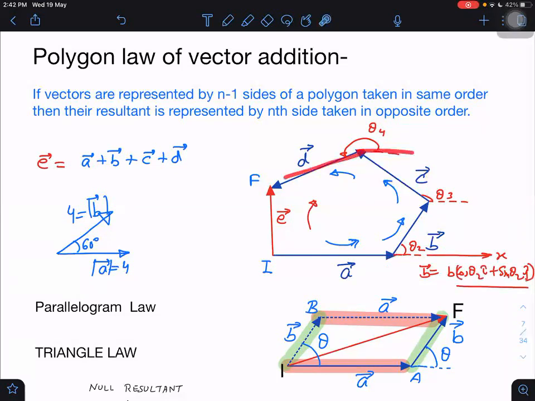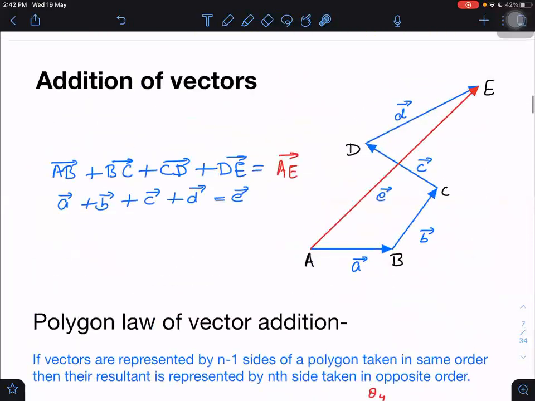Similarly, D cos theta 4 along i cap and so on, but provided all these angles are with respect to the same x-axis only. Then we can determine the resultant. Can we write components for the resultant? Definitely we can write for the resultant also. Okay, wait a second, let me go back again.